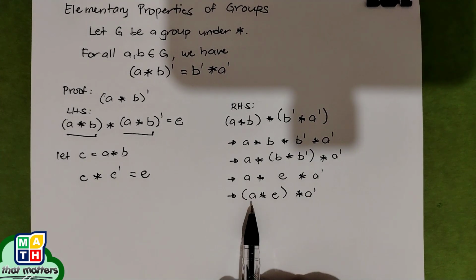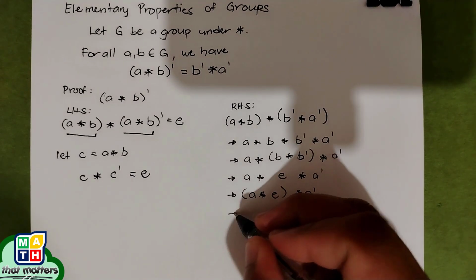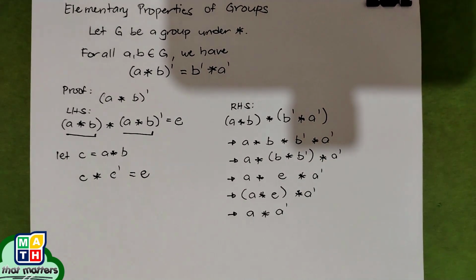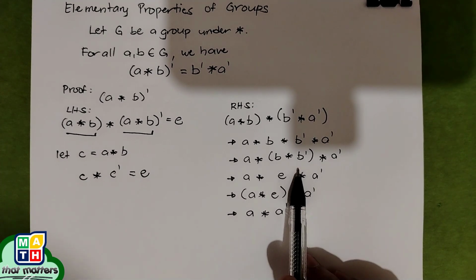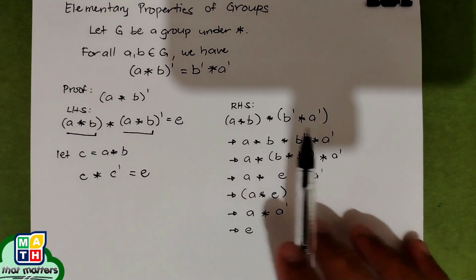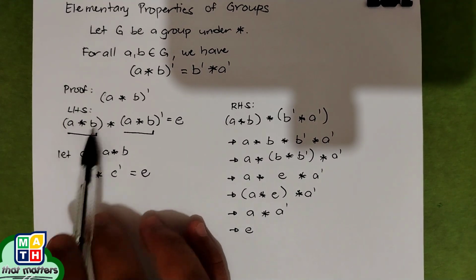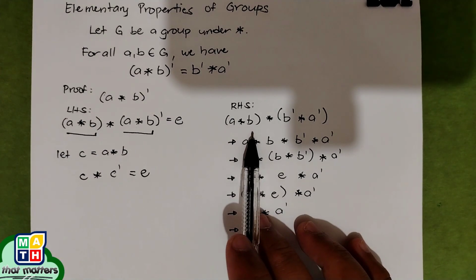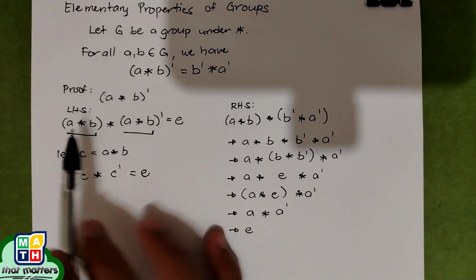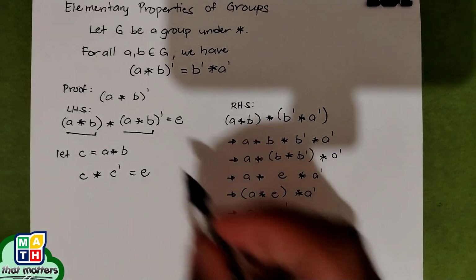When you operate A with the identity, the result is just the element itself, and the remaining term is just the inverse of A. Similar to what happened to B, once you operate A with its inverse, the result is E. Now, this may not be the conventional proof, but what I showed you is that when we manipulate both sides of the equation by operating with the expression A star B on the left, we have shown that the simplified forms of the left-hand side and the right-hand side are the same.